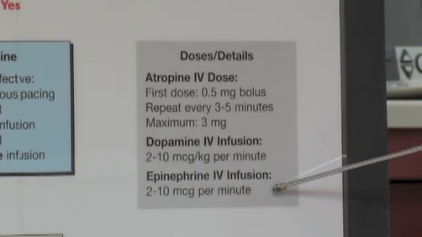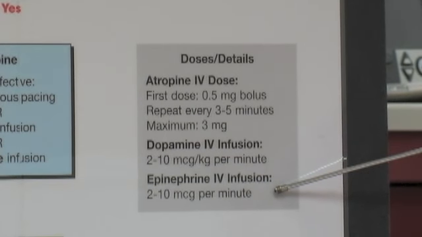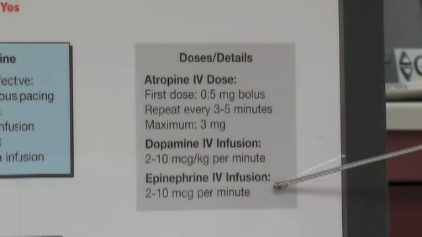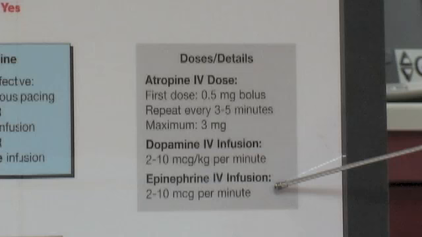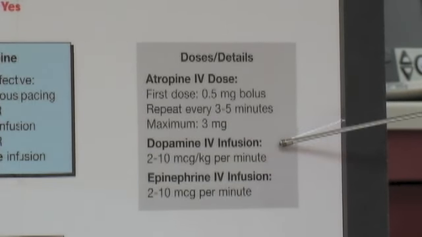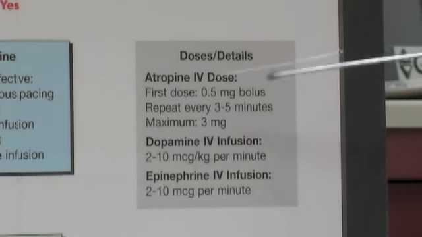Again, you're going to start at 2 to 10, and you're going to titrate up to clinical effect. Again, the epinephrine supports blood pressure, but it also kicks the heart chronotropically in order to increase its rate. Along with the atropine, the dopamine, and the epi infusion, we've got a fourth line treatment, which is pacing.